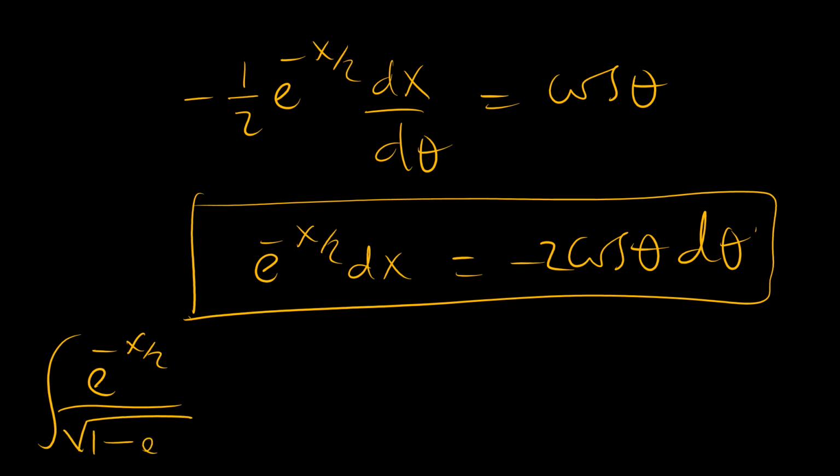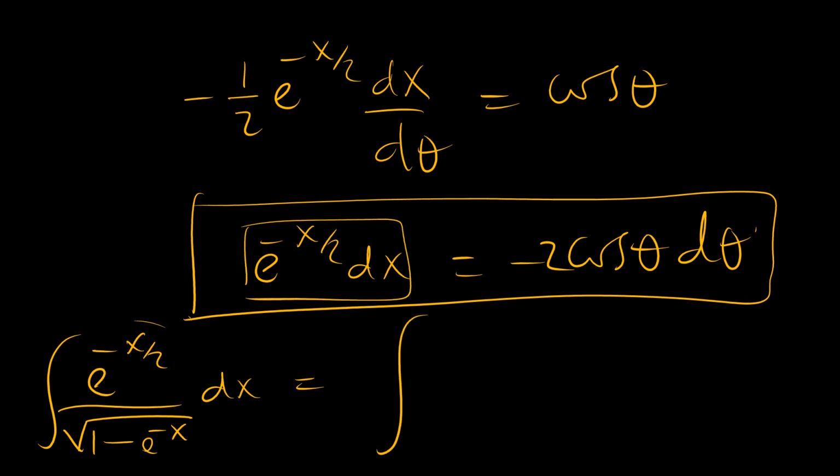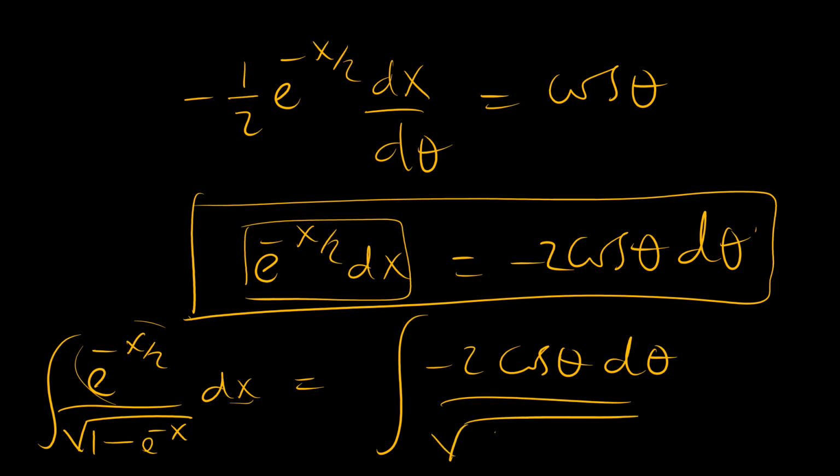Is that our integral e to the power negative x over 2 over the square root of 1 minus e to the power negative x is equal to, since this part here is the same as this part here, we'll put negative 2 cosine theta d theta over the square root of 1 minus, since e to the power negative x over 2 is equal to sine theta, this would become now sine squared theta.